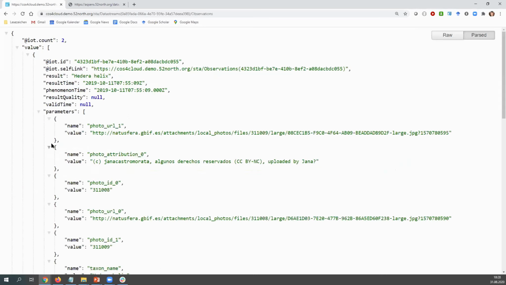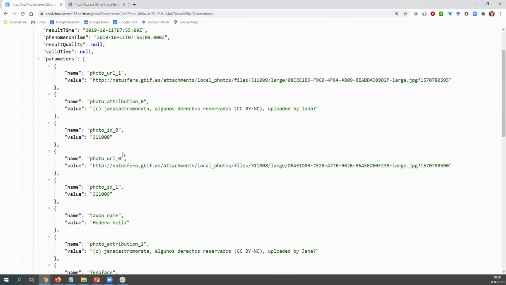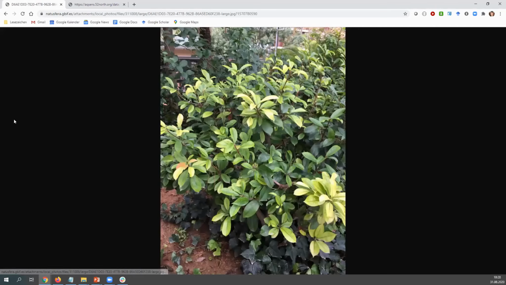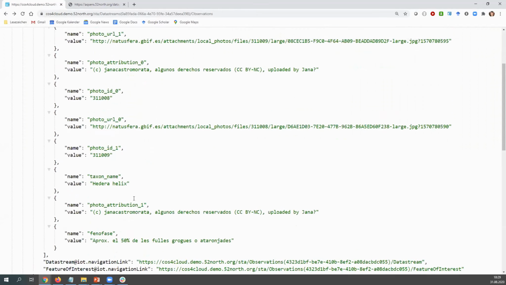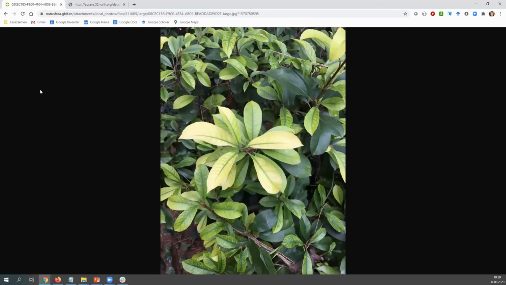Here are the observations. And then we have different parameters in here. For example, we can link to photos of certain plants observed. So this is a project about biodiversity monitoring. And here we have the citizen science observations, including references to the images taken by the citizen scientists as a result value.